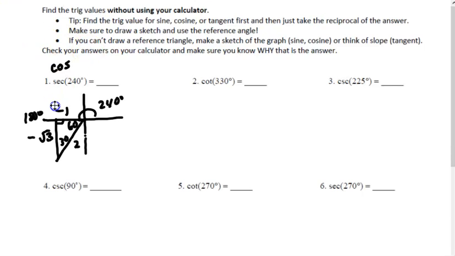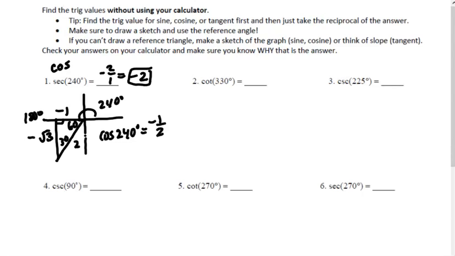Cosine is adjacent over hypotenuse, negative 1 over 2. So cosine of 240 is equal to negative 1 over 2. Now, how do I do secant? I take the reciprocal of that. It is negative 2 over 1, which is just negative 2. So secant of 240 is negative 2.